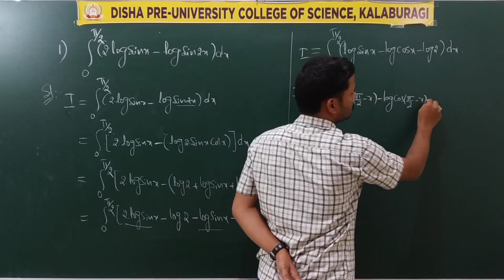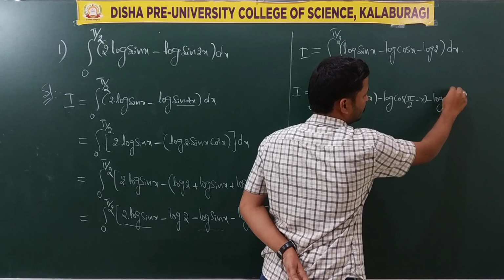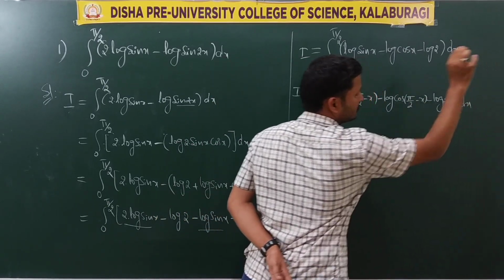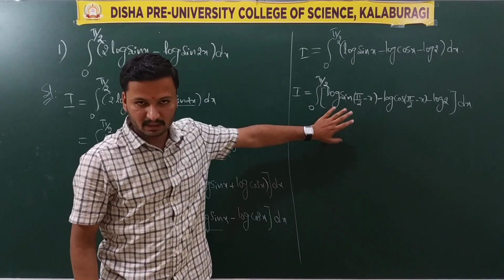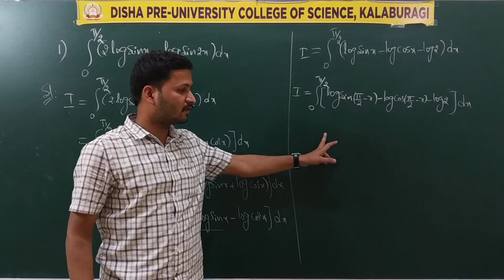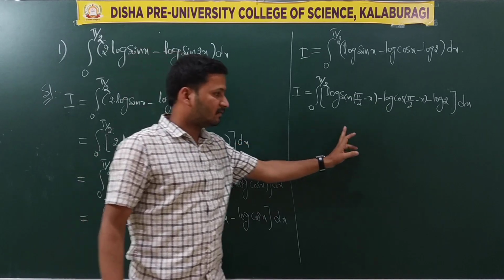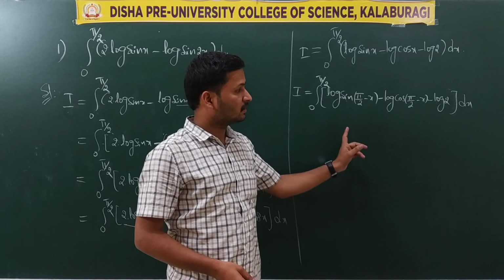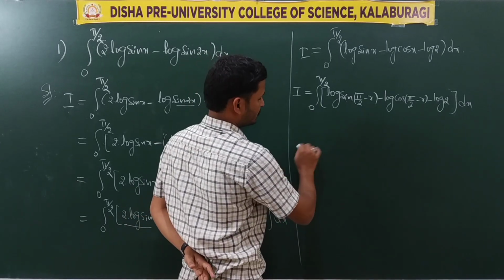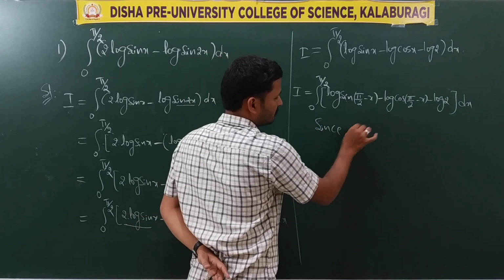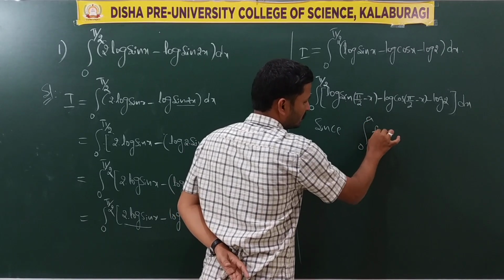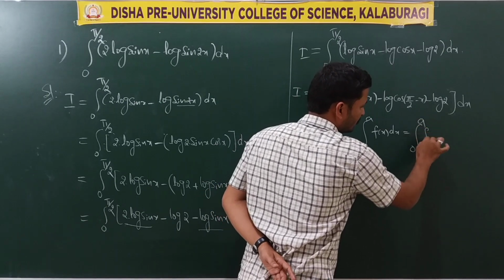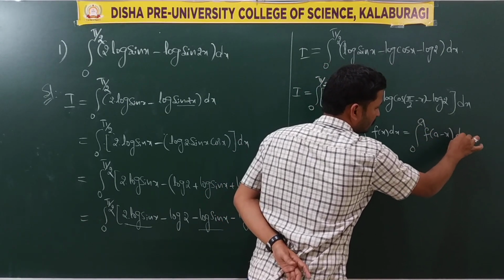Lastly, the constant term, that is minus log 2 as it is, dx. This is by property number 5, since the integral from 0 to a of f of x dx is equal to the integral from 0 to a of f of a minus x dx.